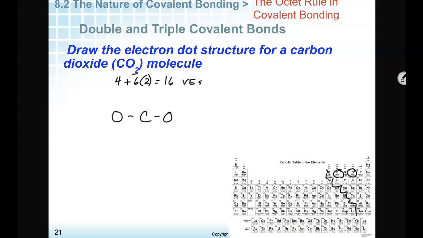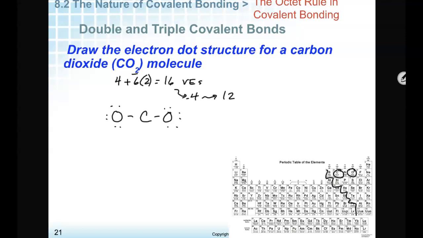I've used 4 electrons to put those bonds in there, to bond the oxygen to the carbon, so I have 16 minus 4, so I've got 12 valence electrons left. You always will put your electrons on the terminal atoms first, which is the oxygen. Terminal means to be on the end. So I've got 2, 4, 6, 8, 10, 12.